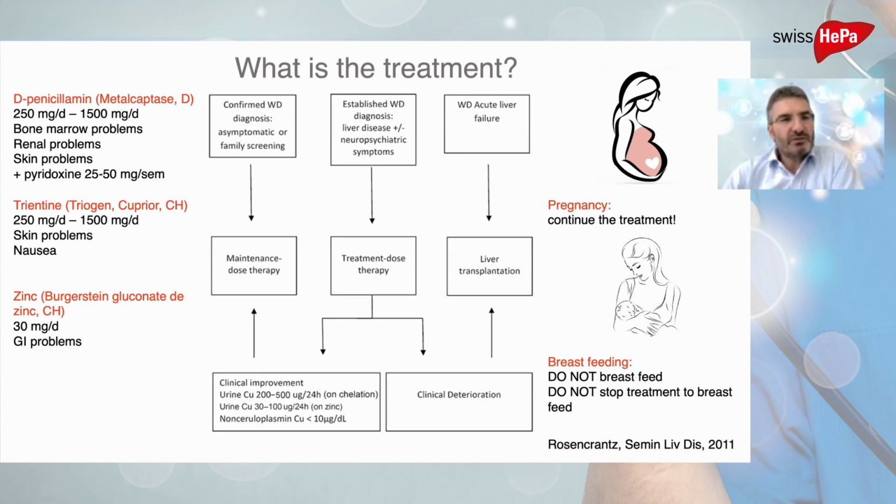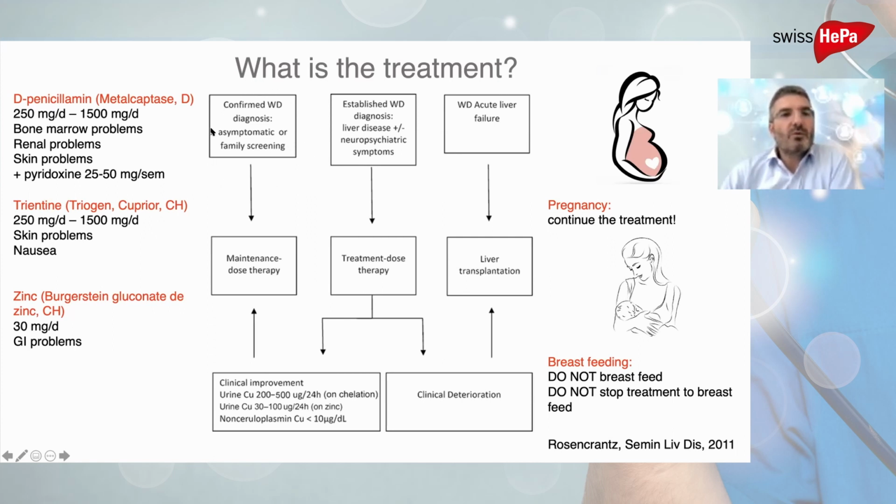There is a second possibility, as I was mentioning before. This is trientine. Trientine is available under the trade name of Trientine or Cuprior in Switzerland. It can also be responsible for skin problems or also for digestive problems and nausea. And we have zinc, for example, zinc gluconate is one form that we can use.